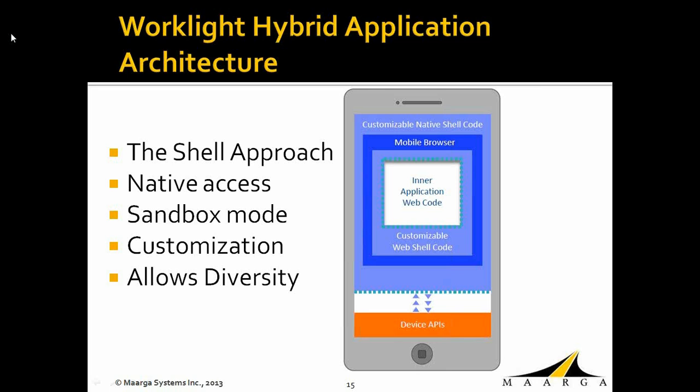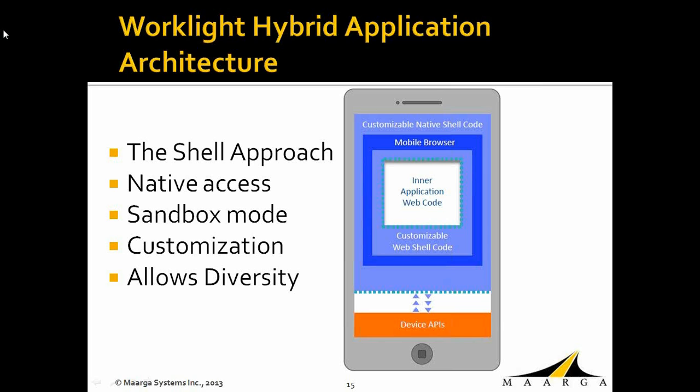We'll go on and talk a little bit about the unique WorkLight hybrid application architecture. Now, any WorkLight application consists of 2 major parts. One is an external shell, and then an inner application. The shell is a customizable container that provides access to the native capabilities of the device.